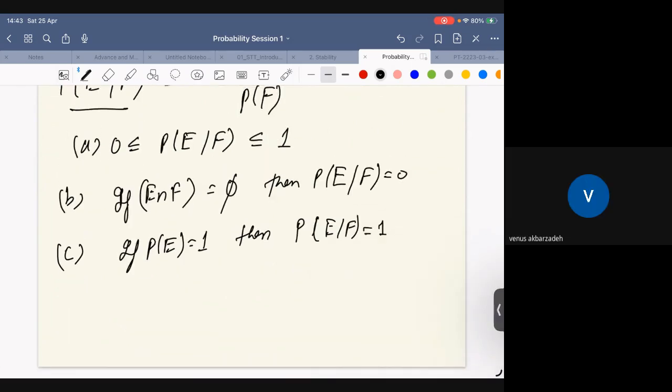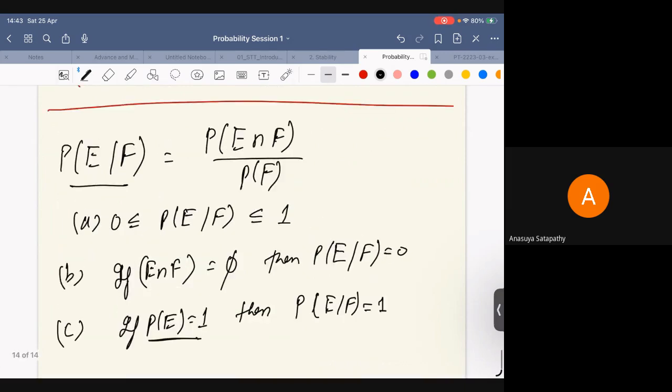I didn't understand the last part. I said, what will happen if the probability of E is 1? If the probability of E is 1, then the intersection would be F, and then it's P of F divided by P of F, which is 1.